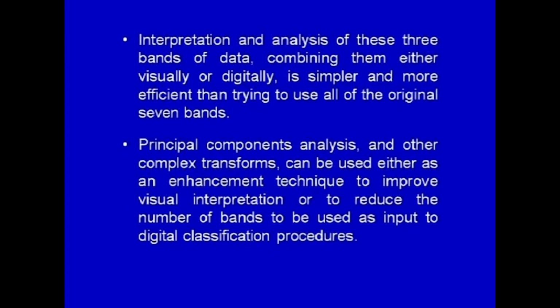Interpretation and analysis of these 3 bands of data, combining them either visually or digitally, is simpler and more efficient than trying to use all the 7 original bands. Principal component analysis and other complex transformations can be used either as an enhancement technique to improve visual interpretation or to reduce the number of bands to be used as input to digital classification procedures.